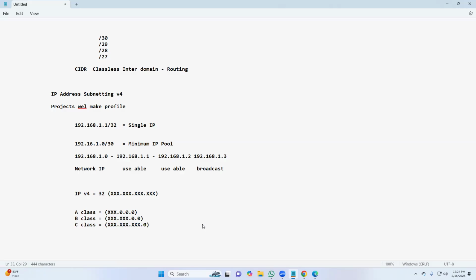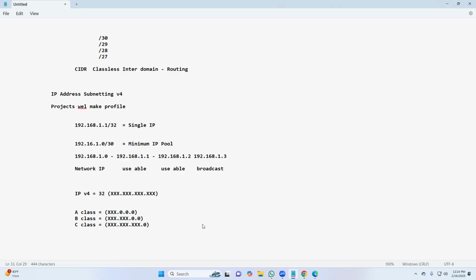Okay, remember this thing, and you will find this information in the document also, so you can understand it in a better way. So this is basically A class, B class, C class, and there are also D class and E class, but these are for research purposes and multicasting.